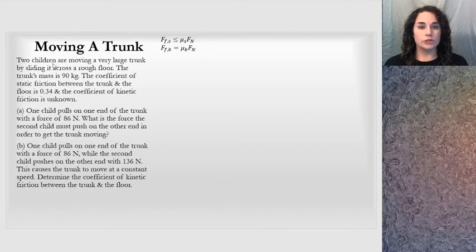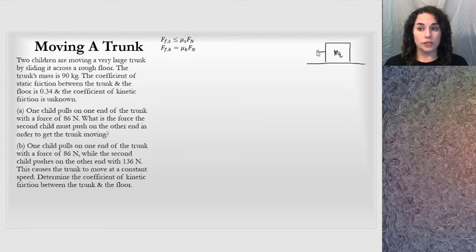For this, we're going to return to the moving a trunk problem that I introduced in a previous lesson, where we were given a friction, we solved for a friction force, but we didn't know the details of it. Well, in this example, let's explore the details of the friction force a little bit more in depth. And what I'm going to do is get a general sketch going. This is the sort of general sketch that we had going, that there's two children.